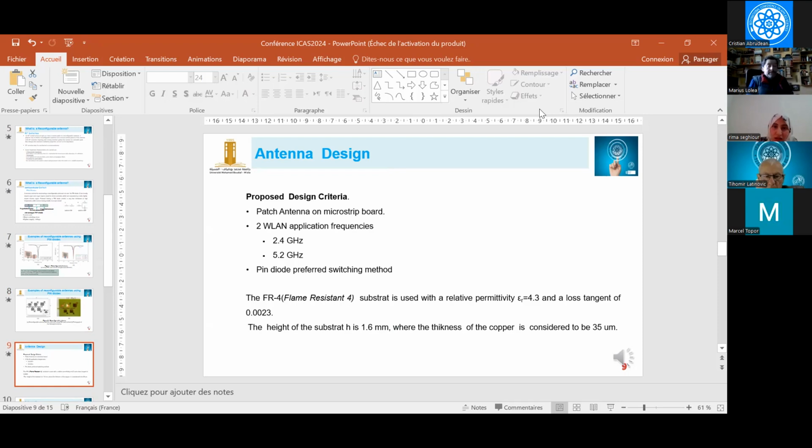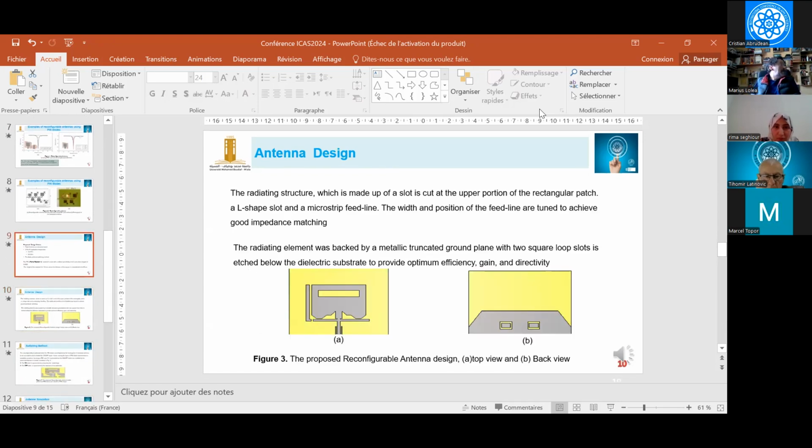The antenna gives two WLAN application frequencies, 2.4 gigahertz and 5.2 gigahertz. The PIN diode is the preferred switching method.